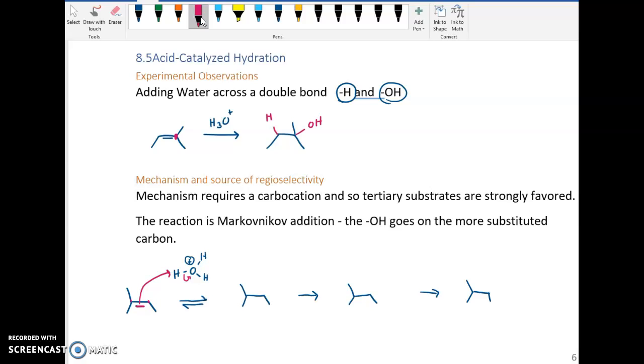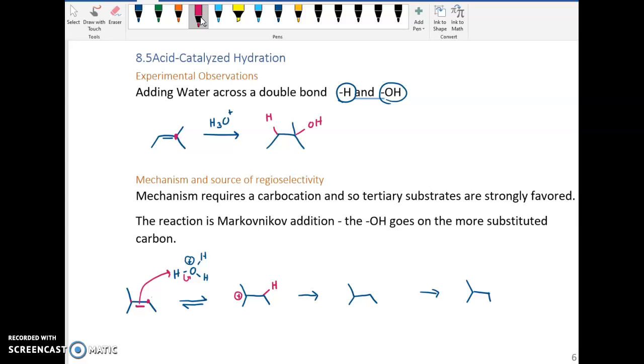If it goes in the second position, this one, then we'll make a tertiary carbocation, and that's going to be more favorable. So the hydrogen goes on this position, and we've made a tertiary carbocation.